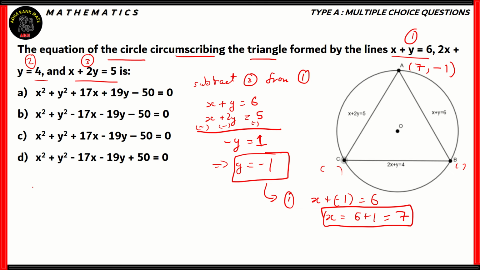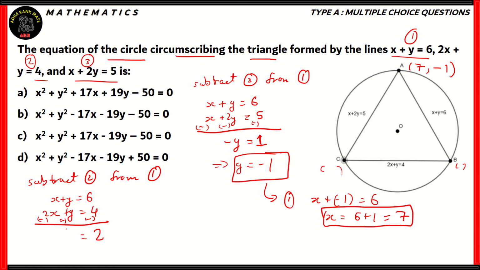Now, in order to find B, we're going to subtract equation 2 from equation 1. So subtract 2 from 1. So what we get is x plus y equals 6 and 2x plus y equals 4. So we're subtracting all of it. So 6 minus 4 gives you 2.